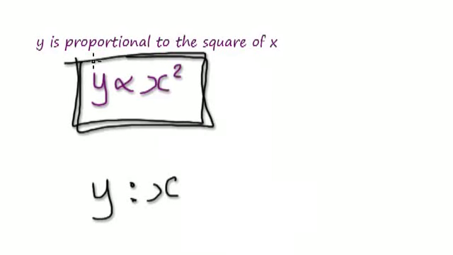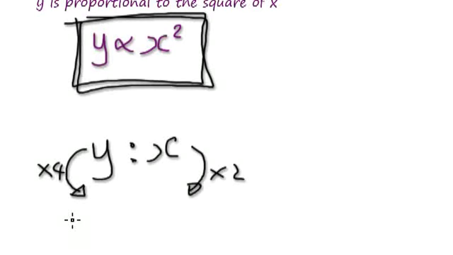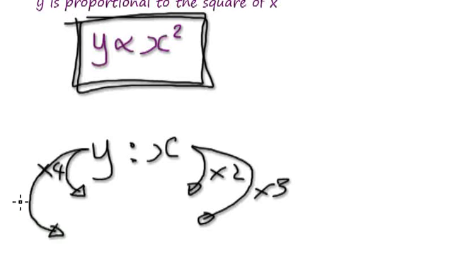So when you have this kind of a relationship, if you times this by 2, then you have to times this by 4. Okay, if you times this by, let's say, 3, then you have to times this by 9. Okay, so on this side it gets bigger a lot faster. If you half this, then you've got to divide.